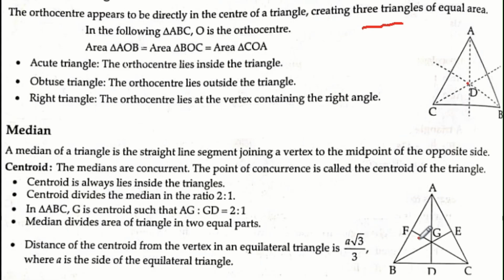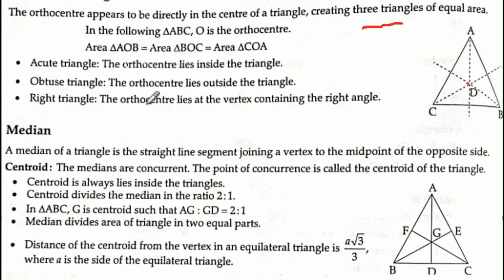Centroid: the medians are concurrent. Obviously, just like altitudes, medians are also concurrent. The point of concurrence here is called the centroid. The point of concurrence of altitudes is called the orthocenter. The point of concurrence of medians is called the centroid of a triangle. The centroid always lies inside the triangle.